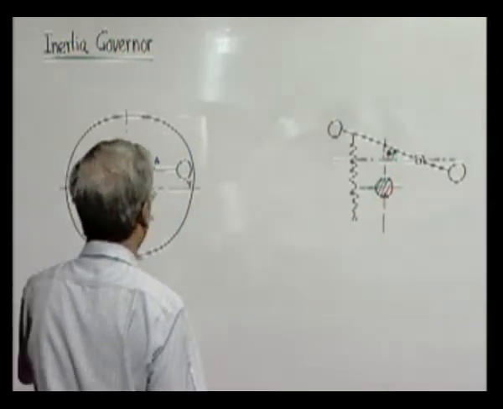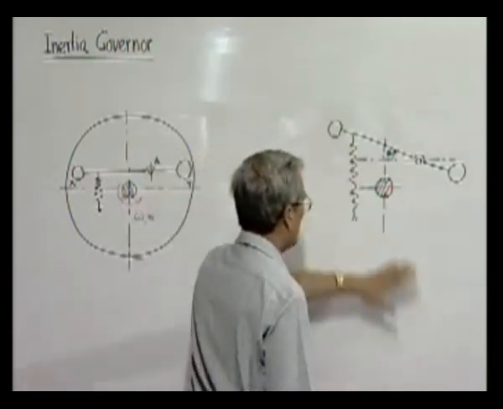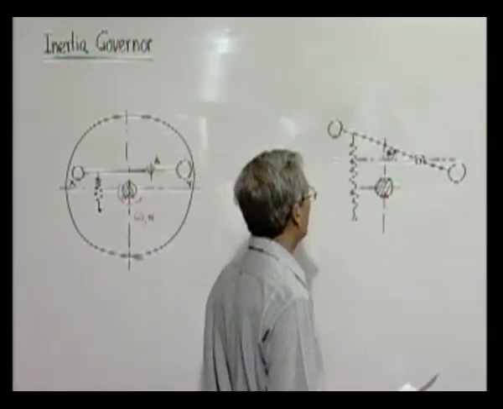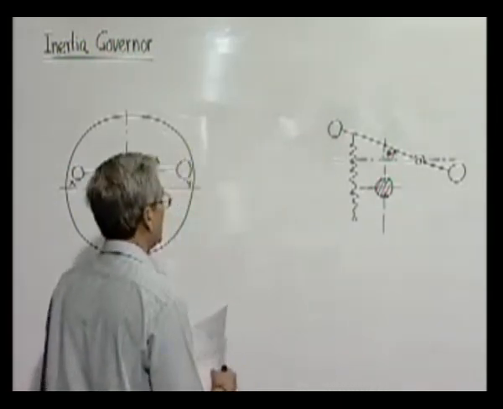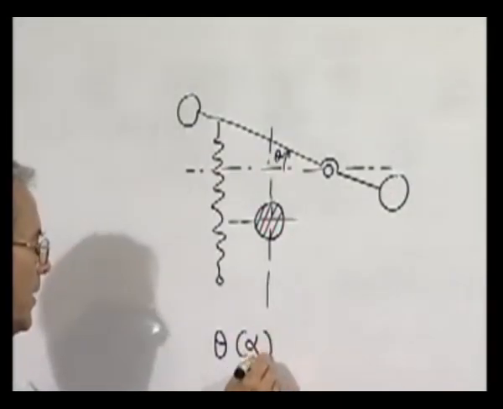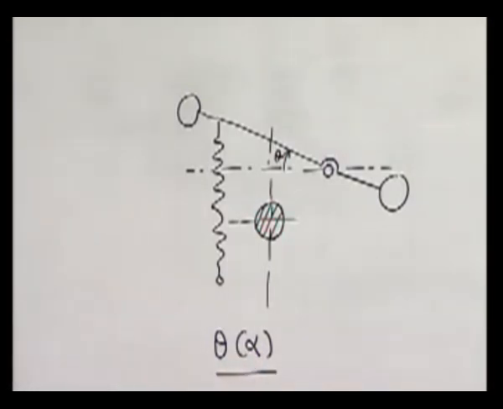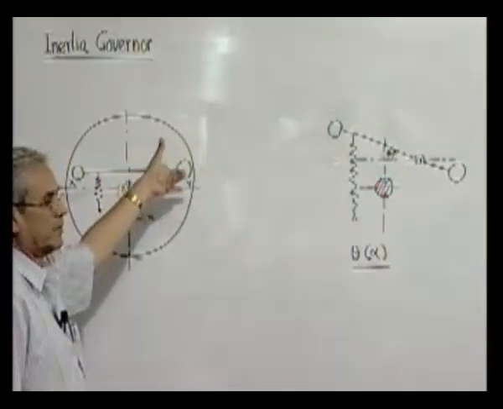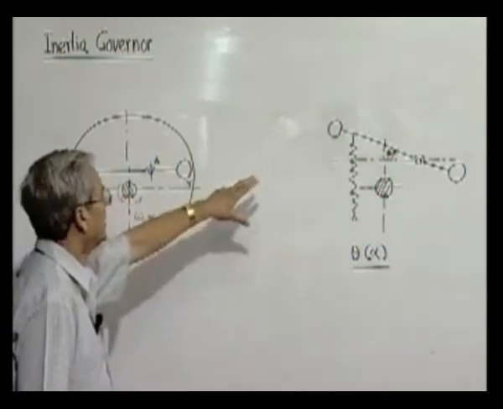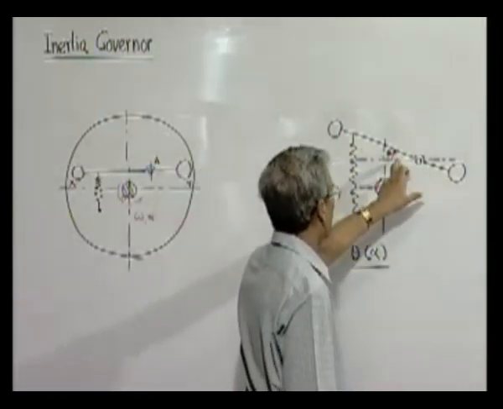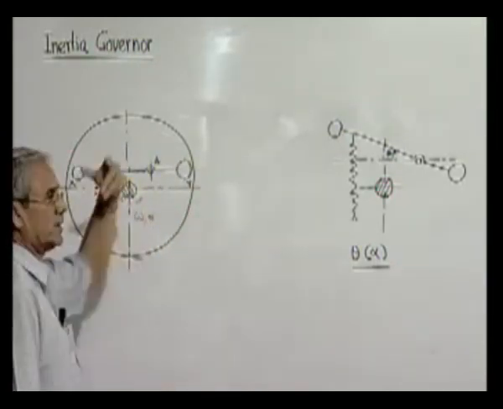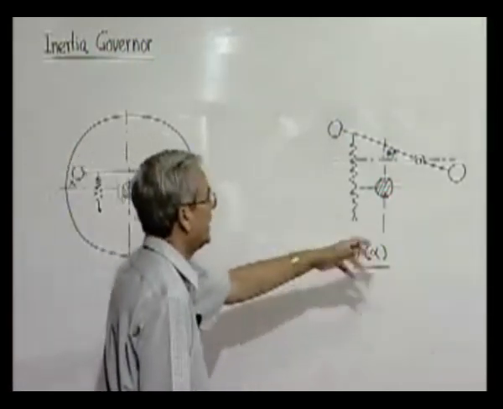Here we will not go into the derivation, but you can definitely try to find out what the relationship will be between theta and alpha. The moment it tries to accelerate, as soon as the load changes, immediately it will come back to a position. It does not have to wait till the speed changes to some suitable value and then sense it.